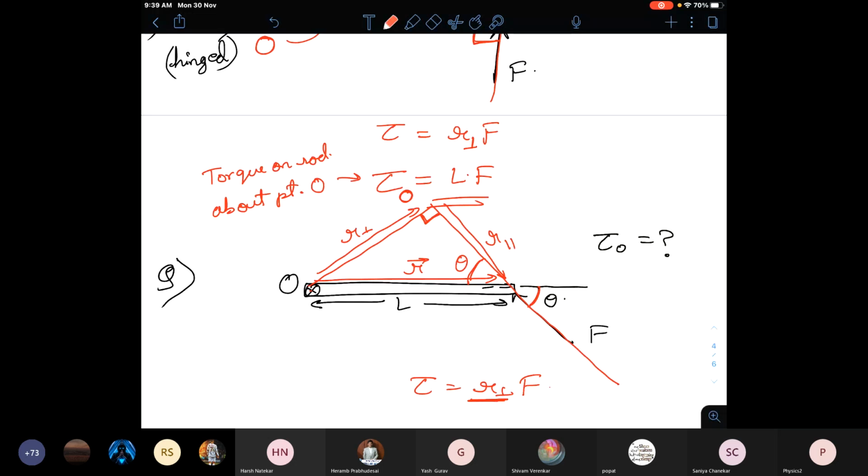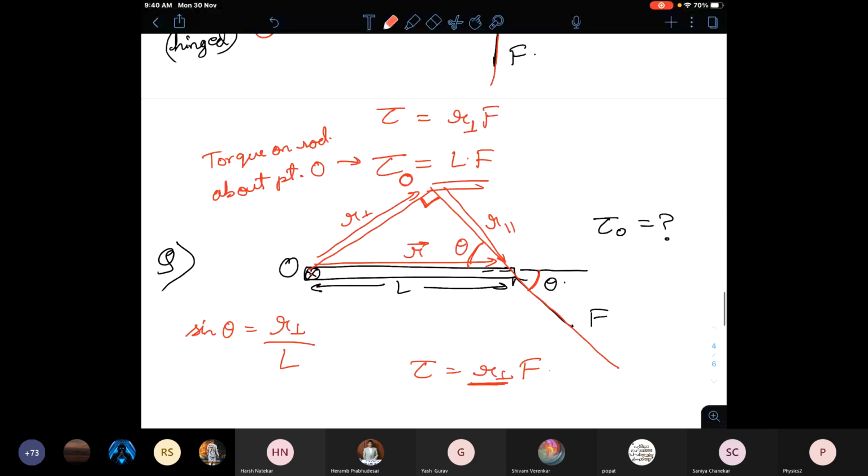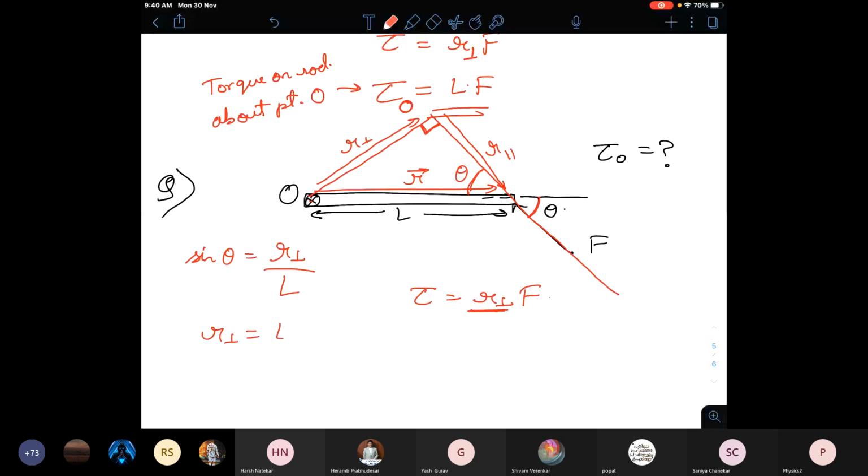So I can write sine theta as opposite upon hypotenuse, so R perpendicular by L. It is a right angle triangle. Therefore, R perpendicular can be written as L sine theta. So I can replace it over here and write it as L sine theta into F.